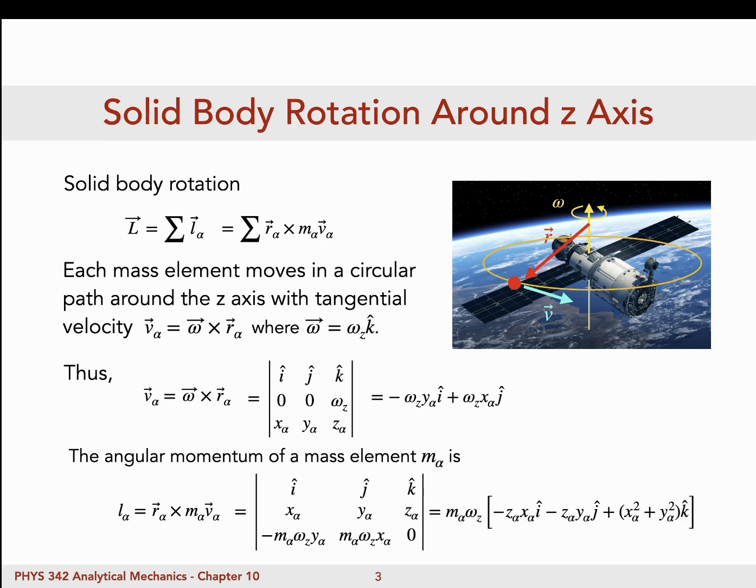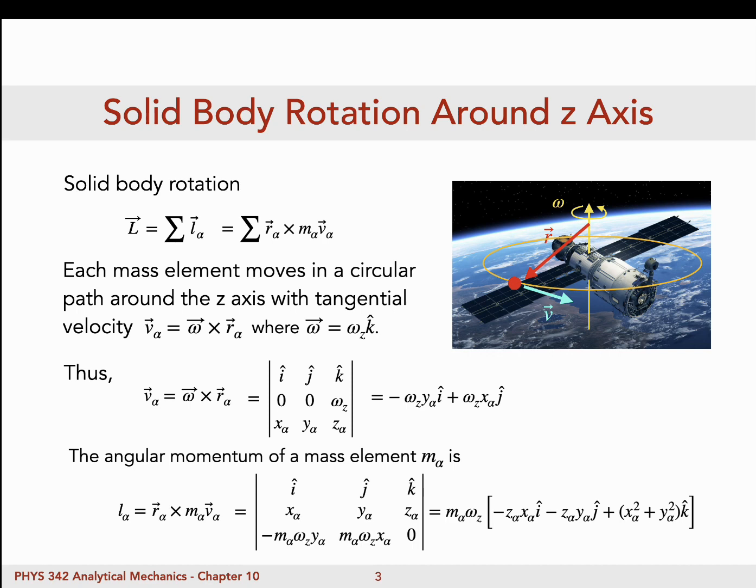You get x, y, and z components. Notice that the x and the y components look kind of similar. They're both negative terms proportional to either x or y times z. And then the last term is x squared plus y squared in the z direction. So this is an expression for what the angular momentum is.